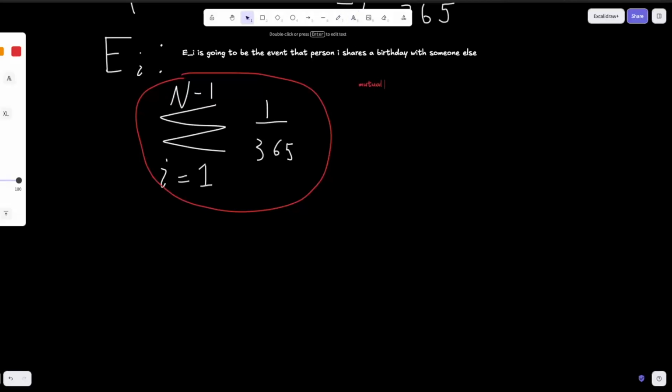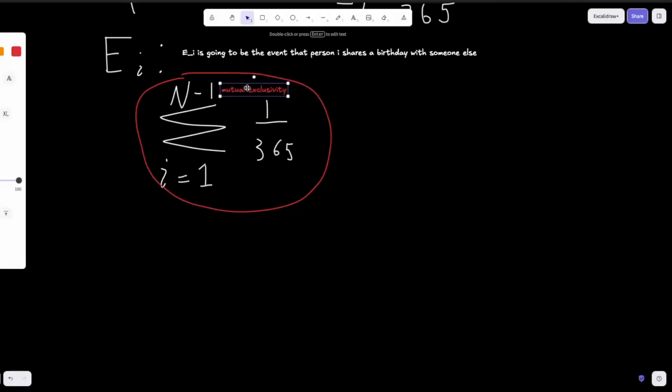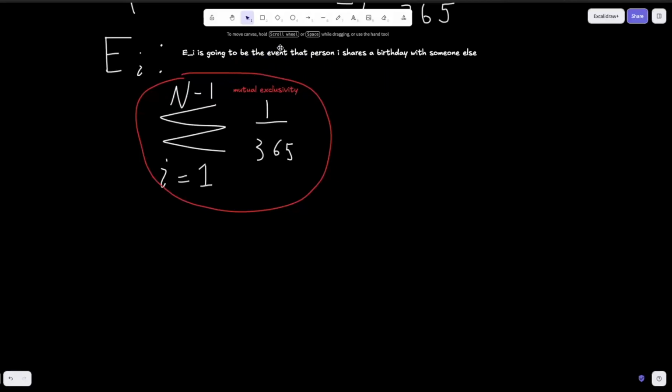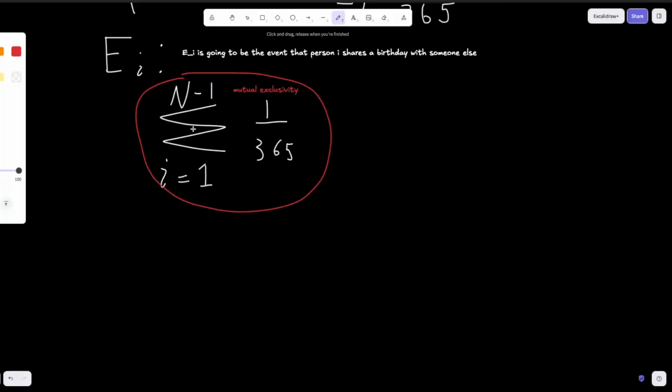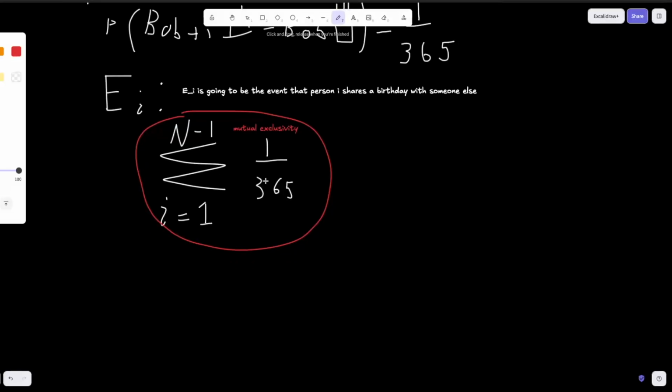When we do a summation like this, we're basically saying that the probability that Bob shares a birthday with Bob plus 1 or Bob plus 2 or Bob plus 3 is equal to the addition of all of those probabilities. But that's not true.